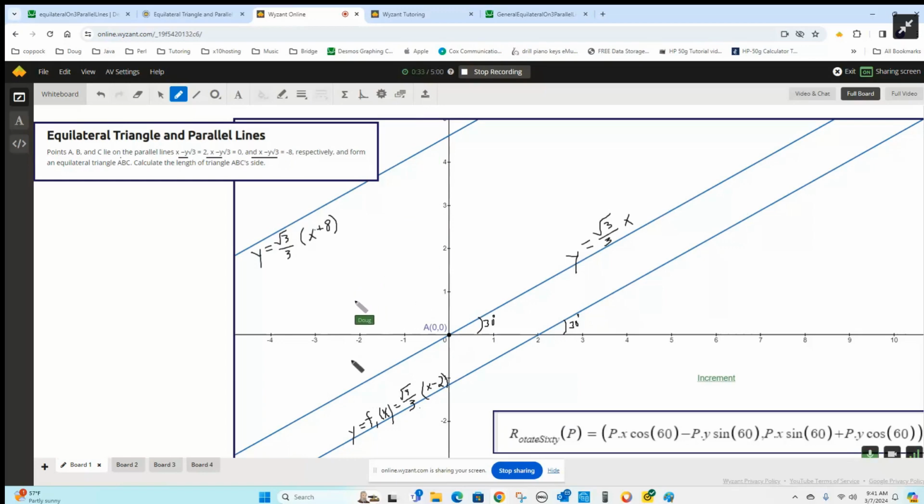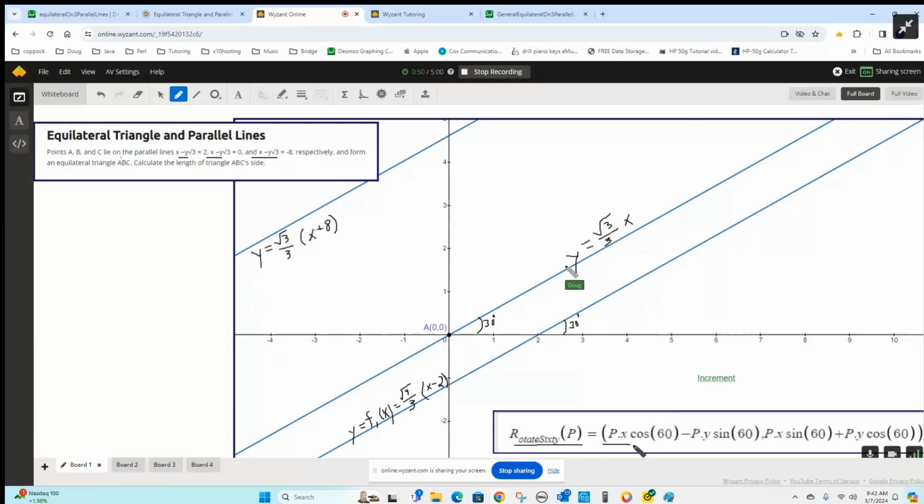Now, here's the equations rewritten with y equals, and we'll see that comes into play in a second. We're going to be using this idea right here.